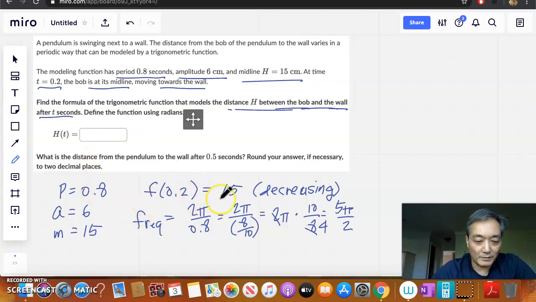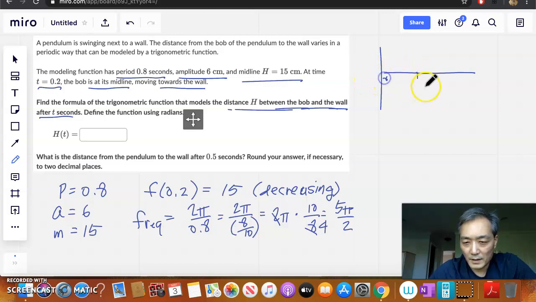Now it looks like there's going to be a phase shift. Why? Because at f of 0.2, it's at the midline and it's decreasing. If I draw a little figure here, this is 0 and this is 0.2, and this is the midline, which is 15.